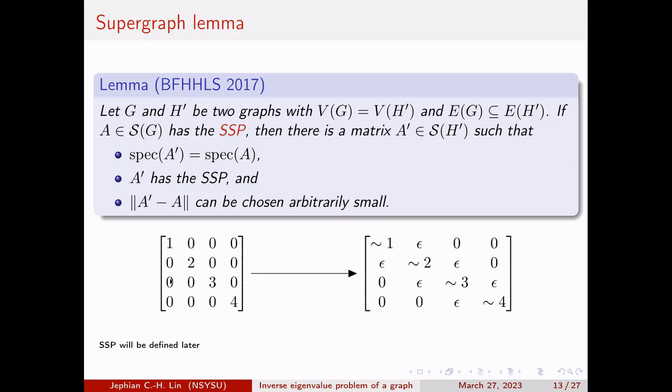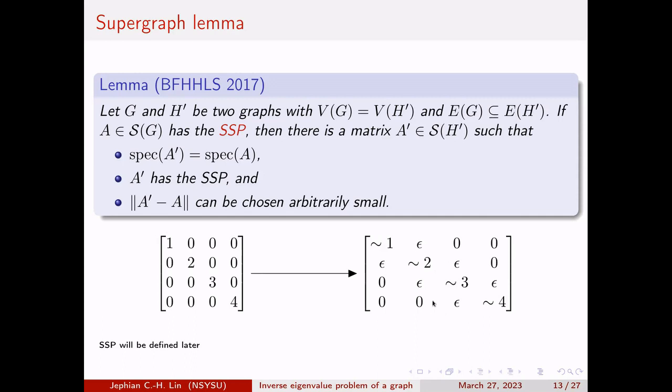Naively, I start with this diagonal matrix, but the pattern is not correct. So one thing we can do is try to perturb the matrix into a nearby matrix such that it still has the same spectrum, but now has a few more non-zero entries here.